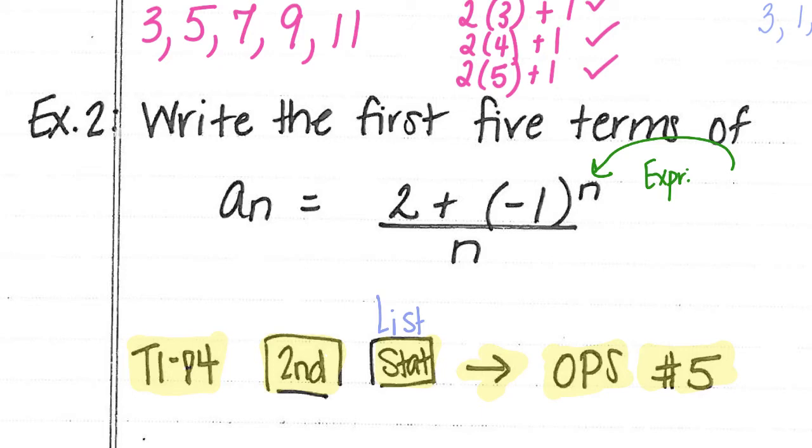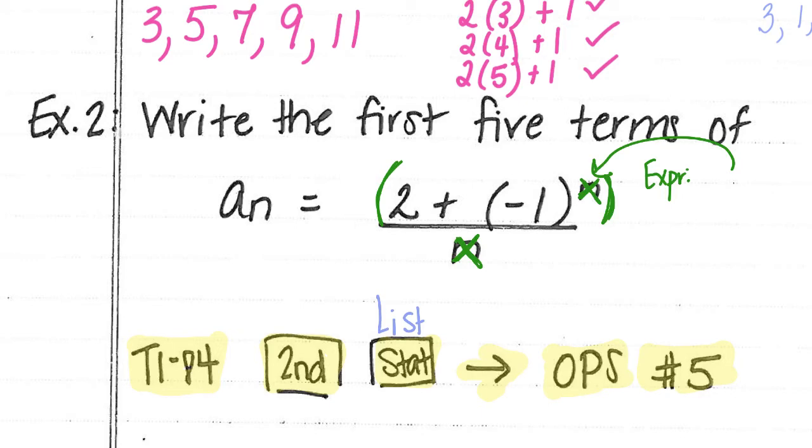Actually, it's probably easier if you put in an open parenthesis and then do 2 plus, open parenthesis, negative 1 to the, and in this case, we're going to use an x power. Then you have to close the parenthesis and divide by x. Again, we're using an x, not an n, because that's what we have on our calculators. So that's the expression that we're putting in.